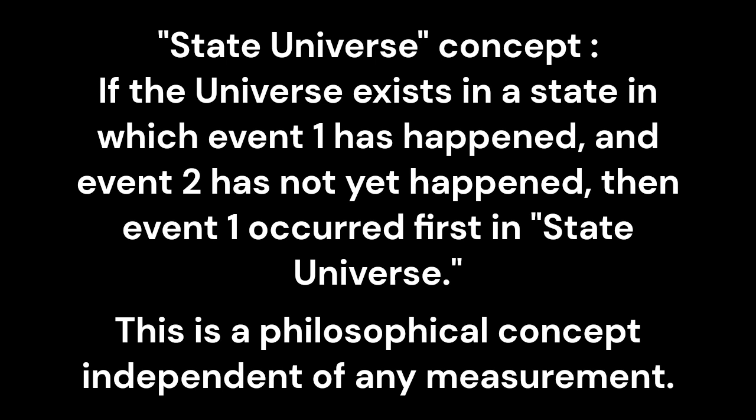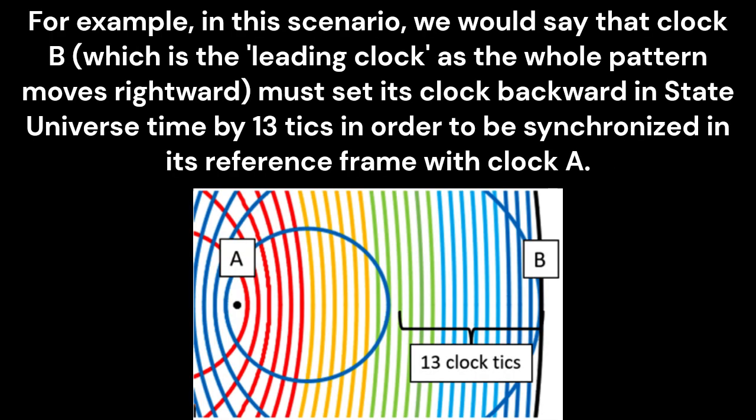So this state universe is a useful concept philosophically, and we'll use it fairly often. For example, in this scenario, we would say that clock B, which is the leading clock positionally as the whole pattern moves towards the right, must set its clock backwards in state universe time by 13 ticks in order to be synchronized in its reference frame with clock A.